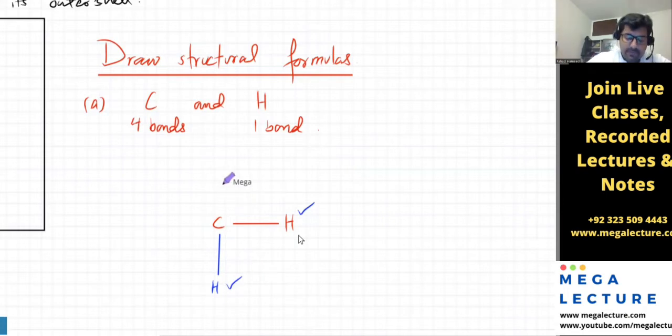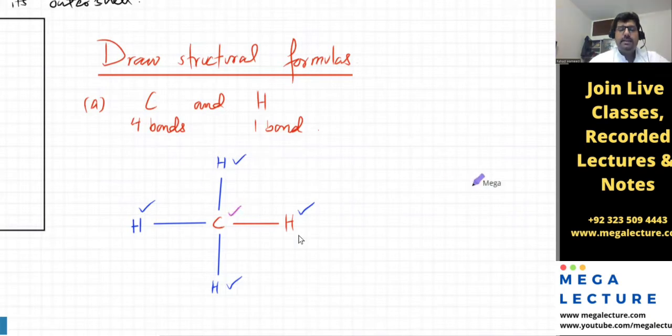It's supposed to make 4 bonds. So there's going to be another hydrogen, and that hydrogen is also fine. Carbon is still not complete, so I will add another hydrogen. Its 1 bond is complete. Now this carbon is done. It's making 4 bonds.